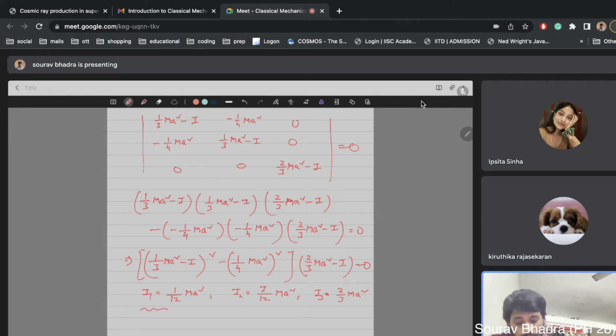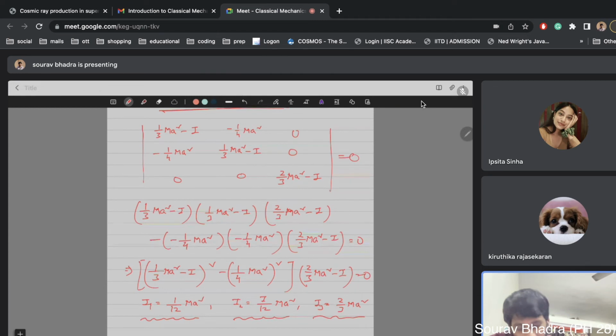Now we have calculated the principal moments of inertia, but till now we have not calculated the principal axes. There must be some axis corresponding to every principal moment of inertia, right? So now we can calculate how. Just substitute those 3 values one by one in this particular equation.